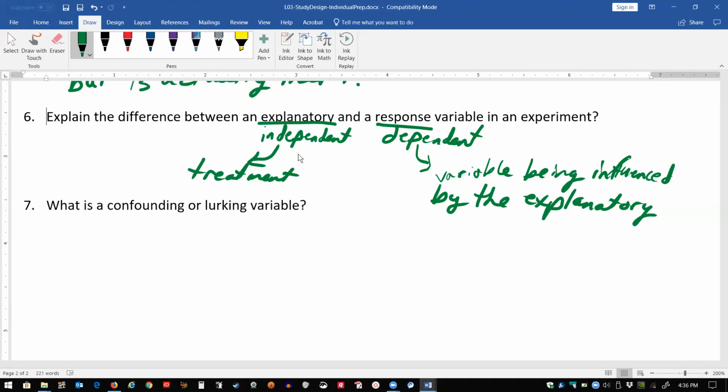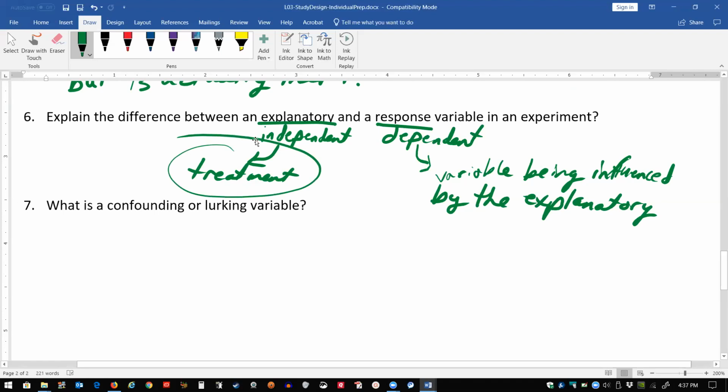So ideally, if you're using a good experiment, the researcher has controlled the environment such that the most likely explanation for changes in the response variable is that treatment that they're interested in. Now, there could be what's called confounding or lurking variables.